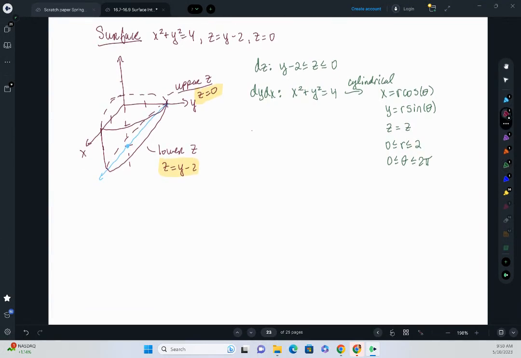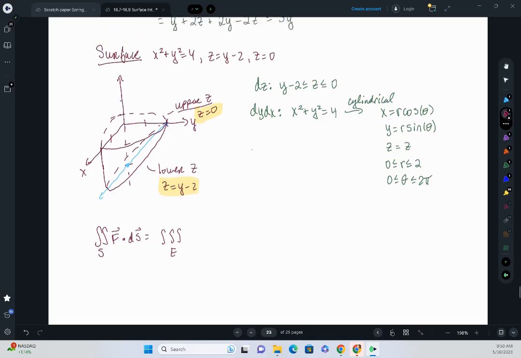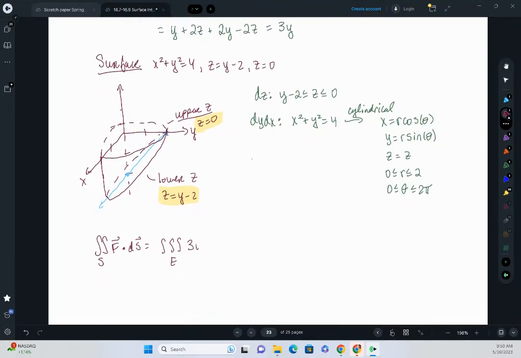All right, let's see. Our integral, the surface integral over the F dot dS, is going to be the triple integral over E of the divergence, which we found to be 3y dV. And now we're seeing what our bounds are.